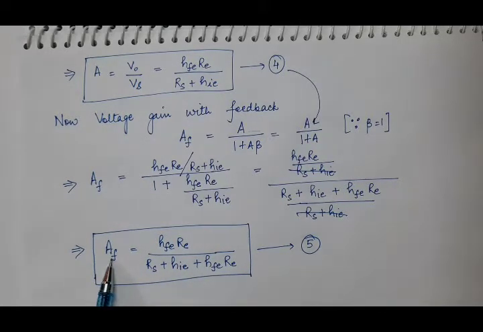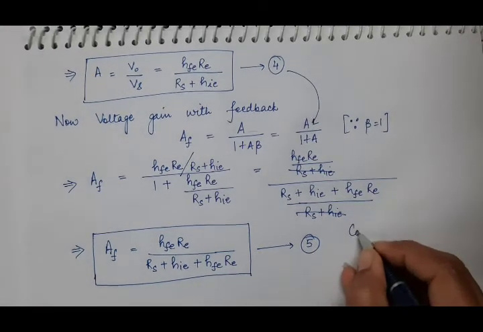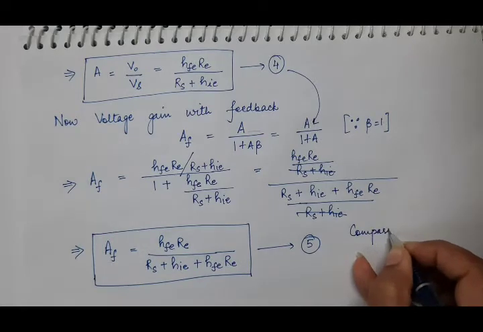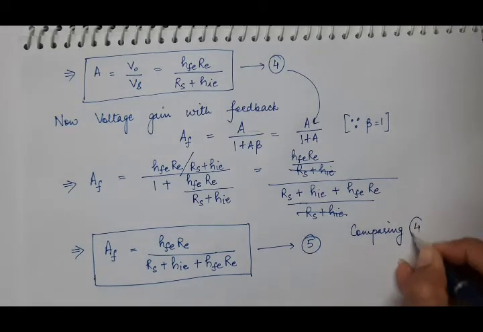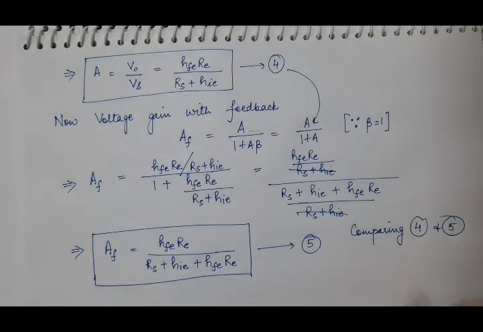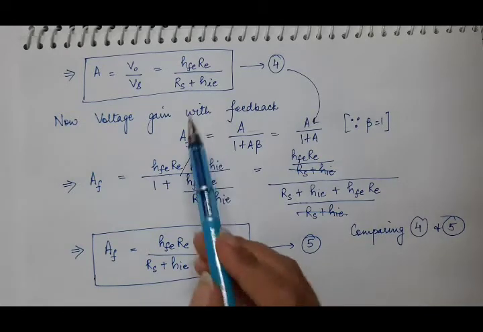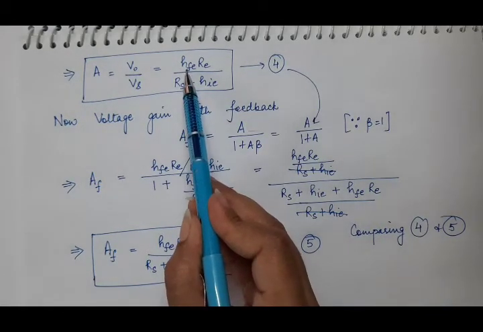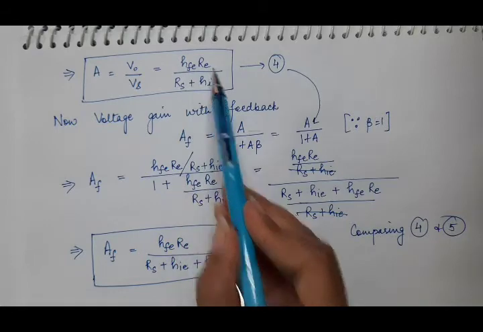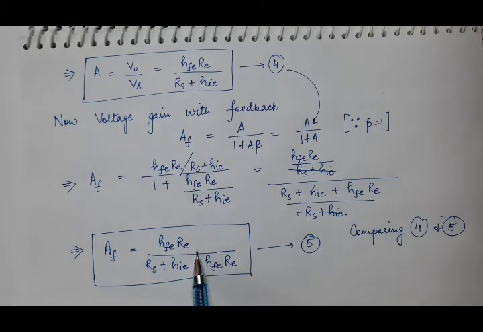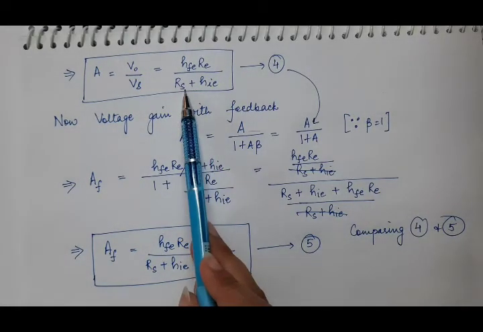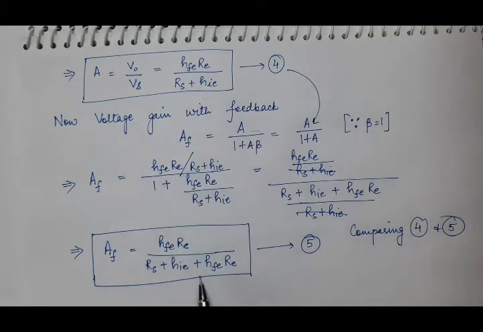So now compare equation number 4th and 5th. What do we get? Here in the numerator we have the same terms, HFE Re, HFE Re. In the denominator of the voltage gain without feedback, we have just Rs plus HIE, but here we have an additional term plus HFE Re.